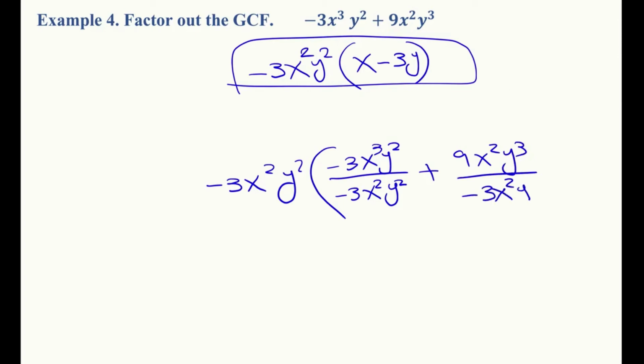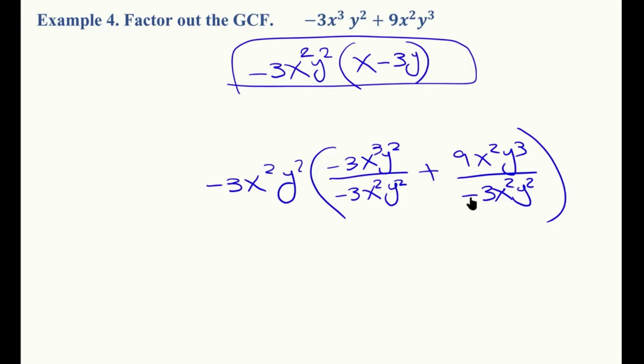Like so. And you'll see you'll get exactly those two terms when you do so. Negative 3 over negative 3, that's just 1, so the coefficient is 1. X cubed over x squared gives you the x. The y squares cancel out, so you just get x, right?